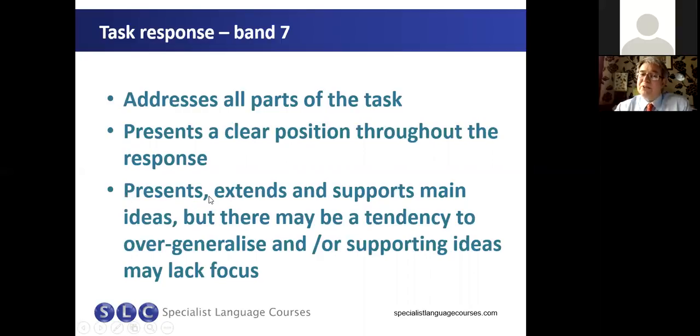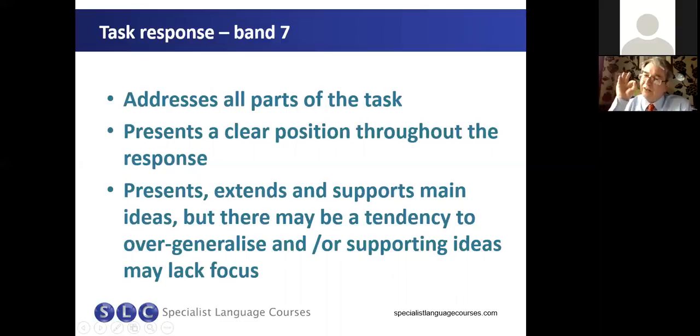You have to present, extend, and support main ideas. So what would be better? 6 little points with no explanation, no support, no evidence that you even understand what those points are, or 2, maybe 3 well-chosen points, supported, examples given, reasons why. So there may be a tendency to overgeneralize, and supporting ideas may lack focus.